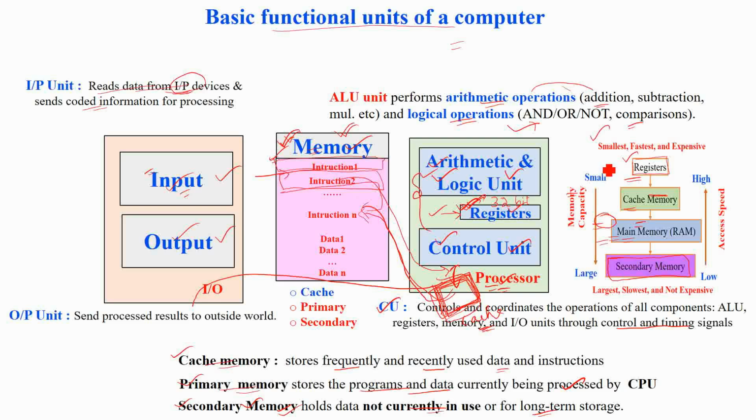When we move from top to bottom in the hierarchy, the size of the memory units grows bigger, whereas when we move from bottom to top, the access speed and cost of the memory units grow higher.